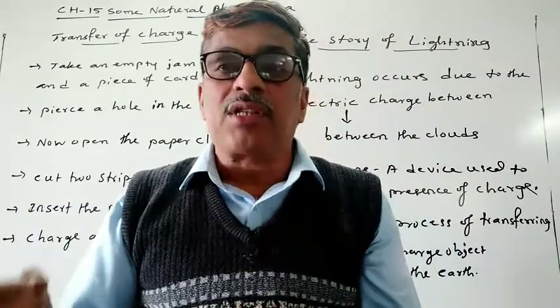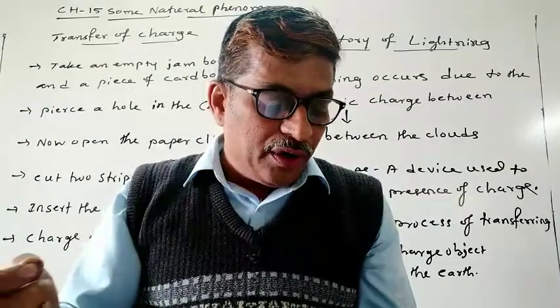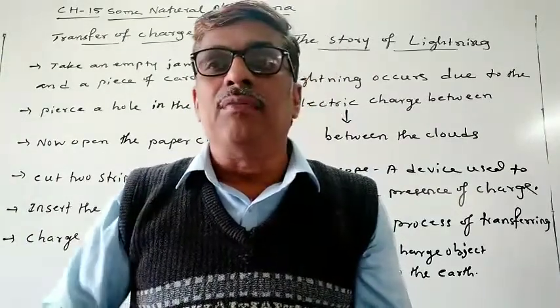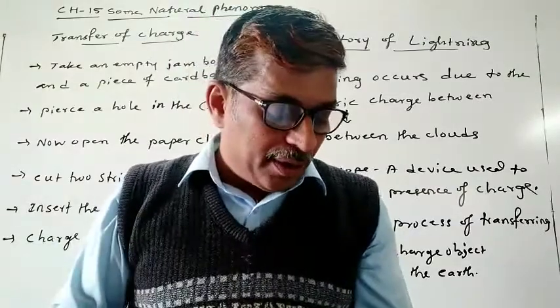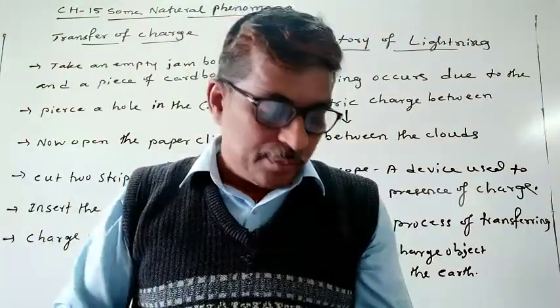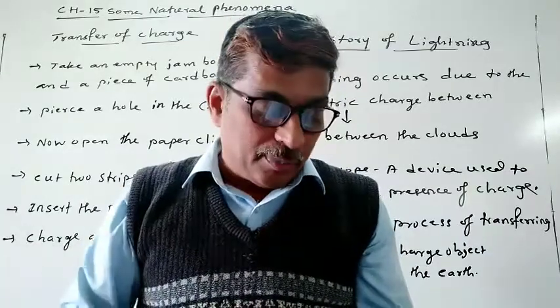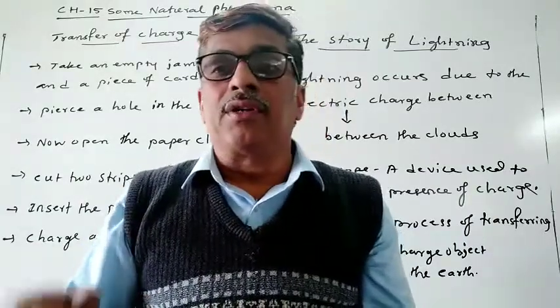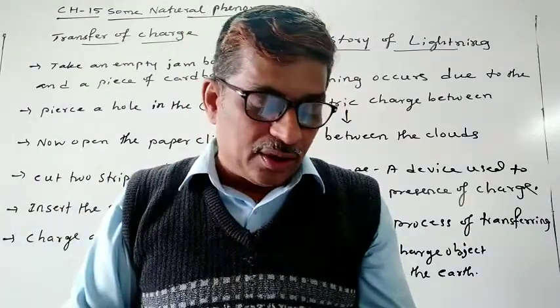Observation: you will charge a refill by rubbing the object. Then you bring it near the strips. The strips acquire the same charge from the charged refill and repel each other. So you will see that the aluminum foil strips move away from each other.